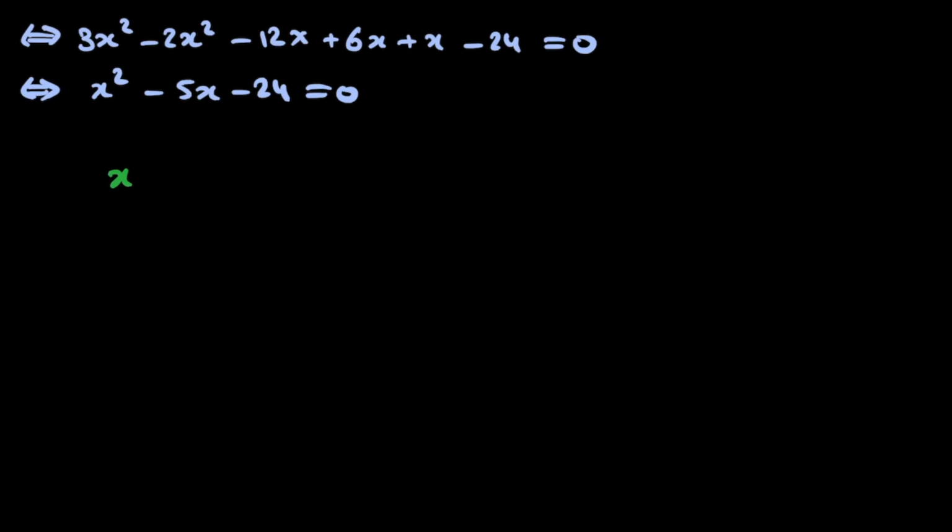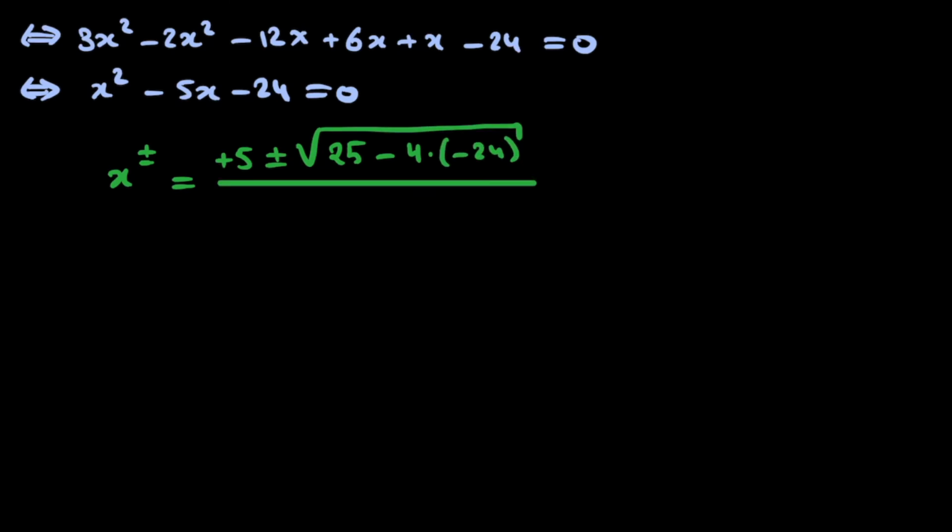We have that x plus or minus, because we have two solutions, is equal to minus b, which is in this case minus negative 5, so plus 5, plus or minus the square root of b squared, which is 25, minus 4 times a times c, which in this case is minus 4 times negative 24. We divide this by 2 times a, and a is in this case simply 1, so we get 2.